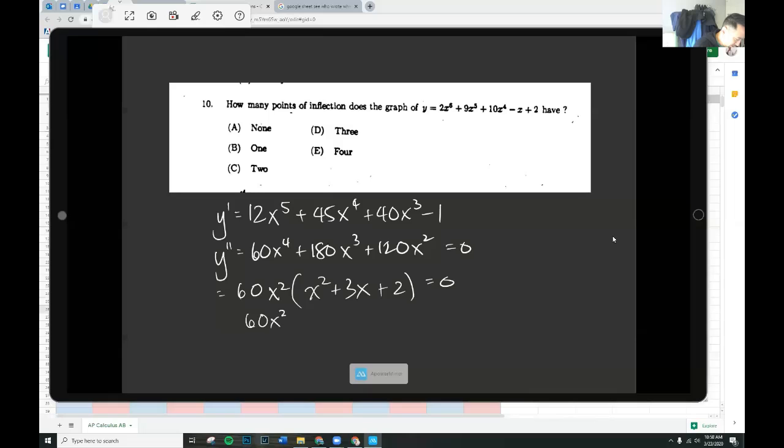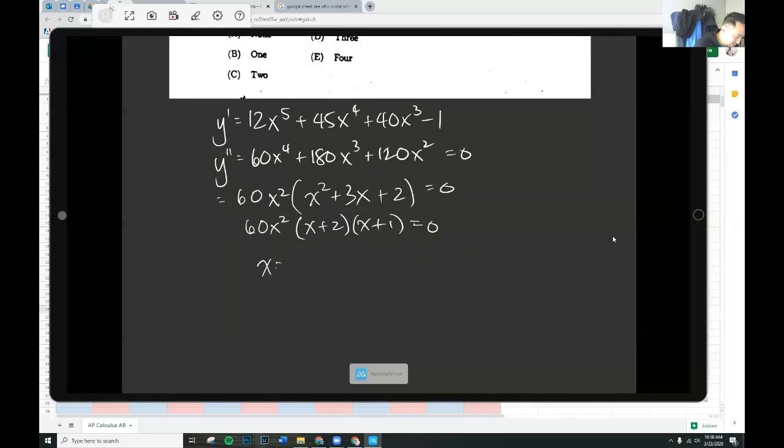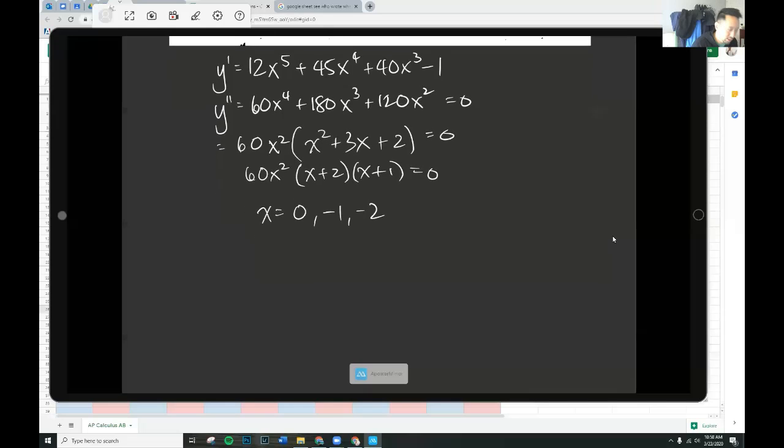This one I could factor to x plus 2, x plus 1, and that's nice. I can say x equals 0 and negative 1 and negative 2 for my possible inflection points. These are my critical numbers. They could be inflection points. I'm not sure. We still need to do a second derivative test to see if they change the signs.